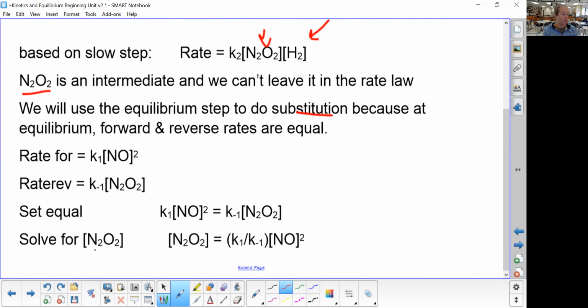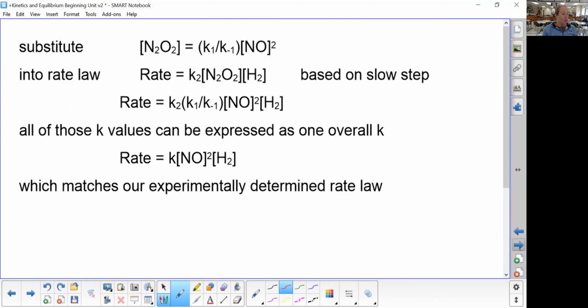We're just solving for this so that we can then substitute it into the rate law expression, which, again, you can follow all of this. Usually, I think it's just simpler to see the substitution and put it in. But we're going to then substitute this N2O2 here with this.